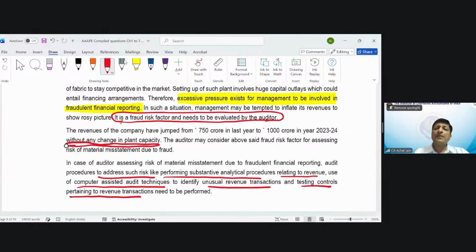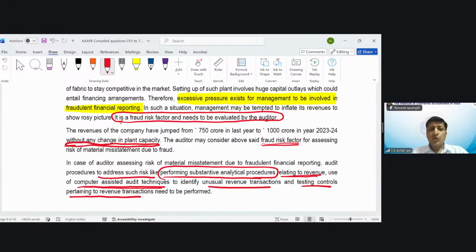Auditor may consider above said fraud risk factor for assessing the material misstatement due to fraud. In case of auditor addressing risk of material misstatement due to fraudulent financial reporting, audit procedures to address such risks like performing substantive analytical procedures relating to revenue, use of computer assisted audit techniques to identify unusual revenue transactions, testing controls pertaining to revenue transactions.